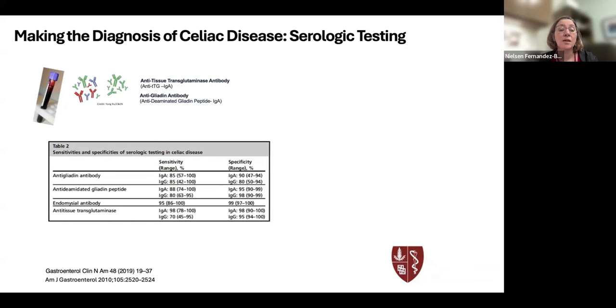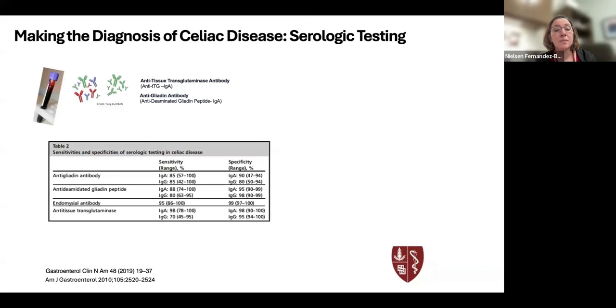So we look at the anti-gliadin antibody. Each organ system has its own type of antibody, and for the GI tract, it's IgA. So the tests we rely on are the IgA variety.